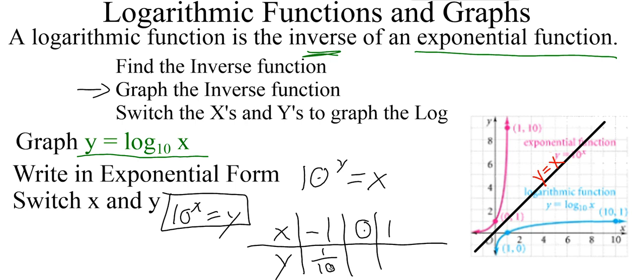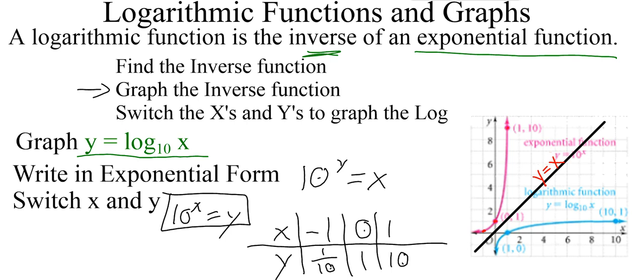Anything to the 0 power, so 10 to the 0, is 1, and 10 to the first power is 10. So as I graph those points, at -1, I'm at 1/10. At 0, I'm at 1. And at 1, I'm at 10.